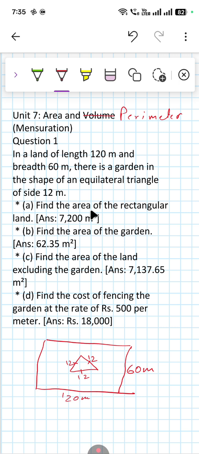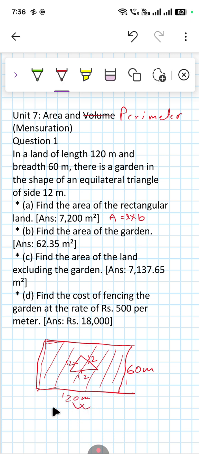Now we have to find the area of the rectangular land. This is the rectangular land, and we have to find the area of this whole rectangular land, including that triangle. It's very simple. Area of a rectangle, we know the formula is length multiplied by breadth.